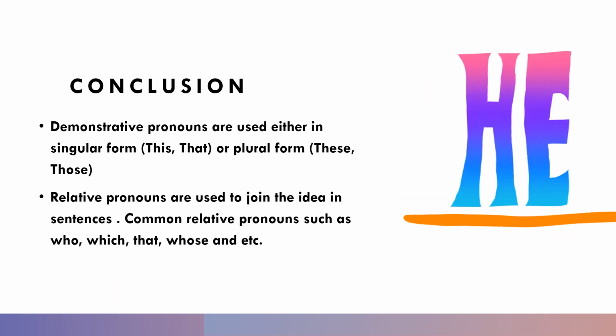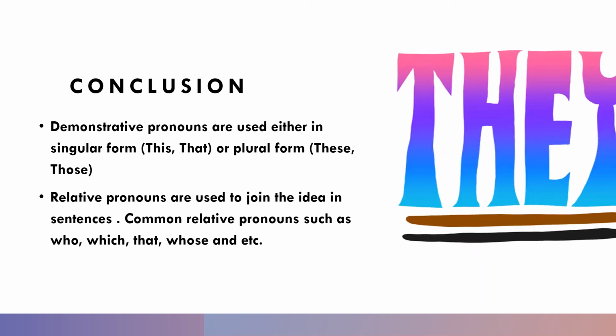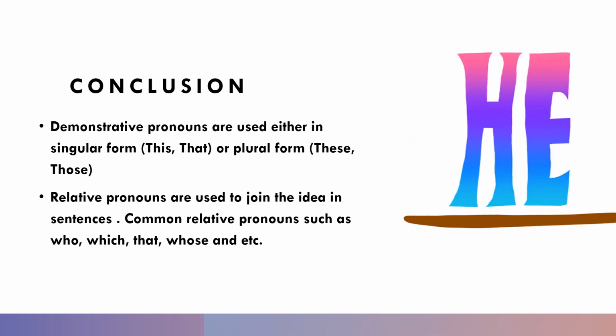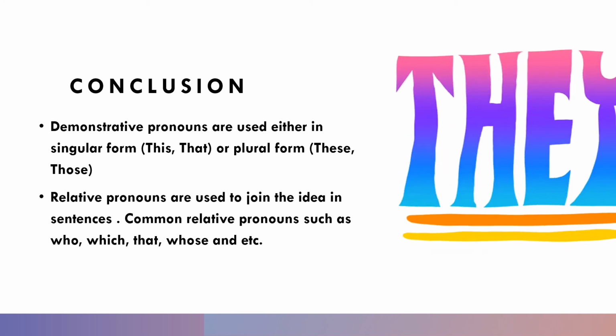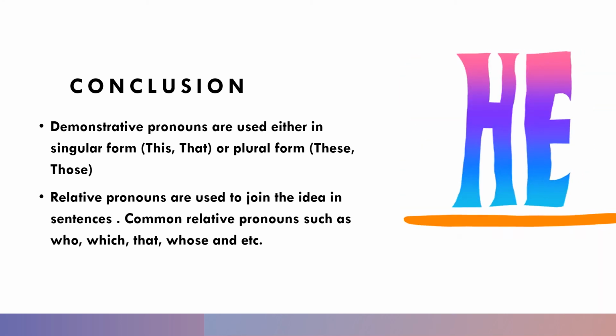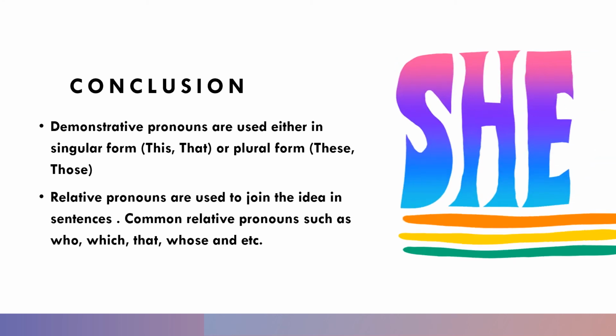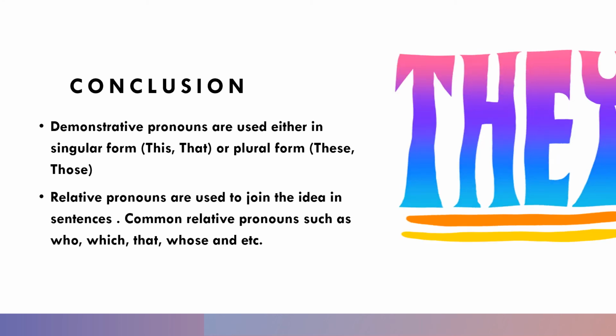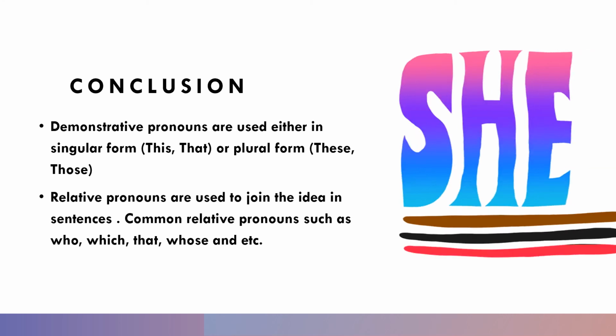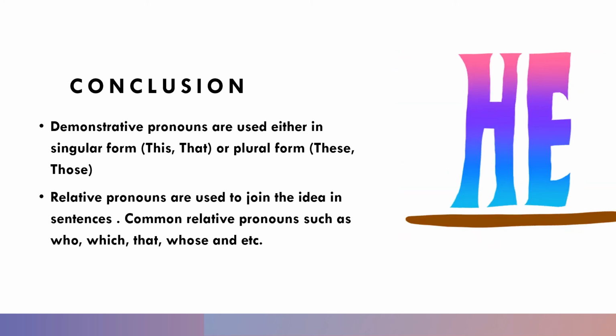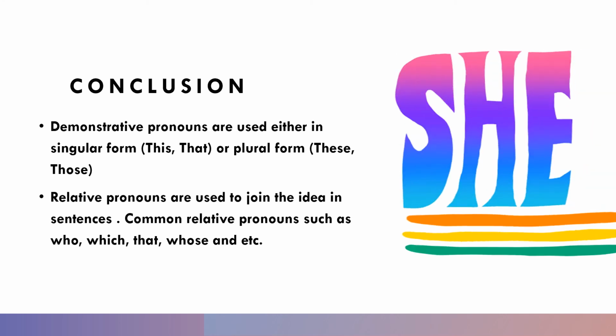And then relative pronouns are used to join the ideas in sentences, and common relative pronouns are such as who, which, that, whose, and we actually have many more. We are going to discuss these things again. If you have a question, please ask me during the Q&A session during the live classroom.